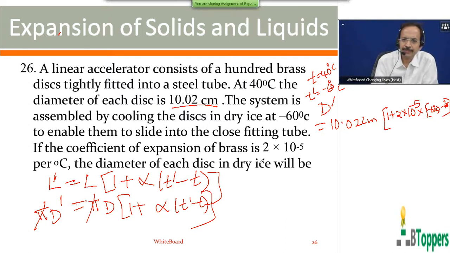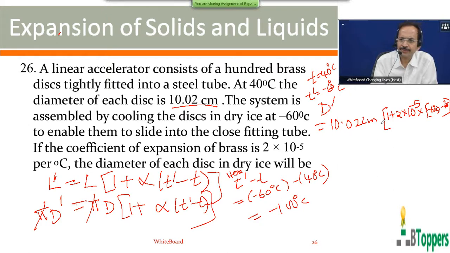So here T dash minus T is minus 60 degrees centigrade minus 40 degrees centigrade, or T dash minus T can be written as minus 100 degrees centigrade.